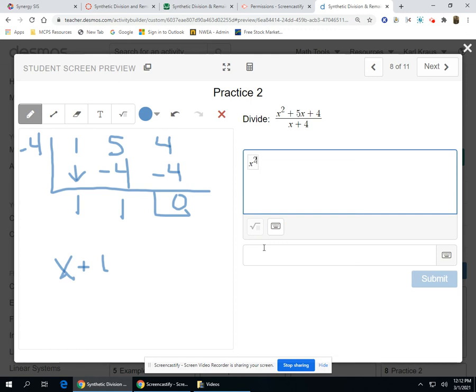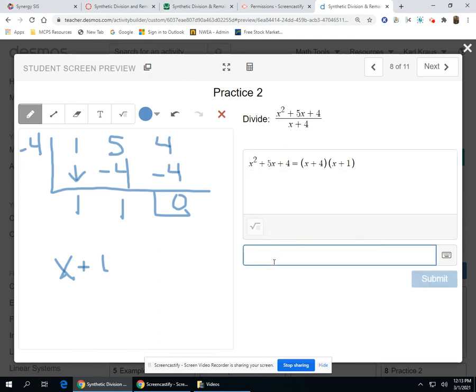So x squared plus 5x plus 4 equals x plus 4 times x plus 1. The zeros here are easy to find. So -4 and -1.